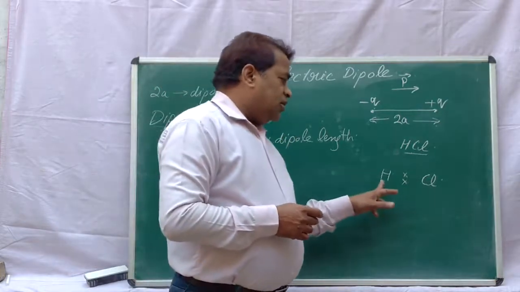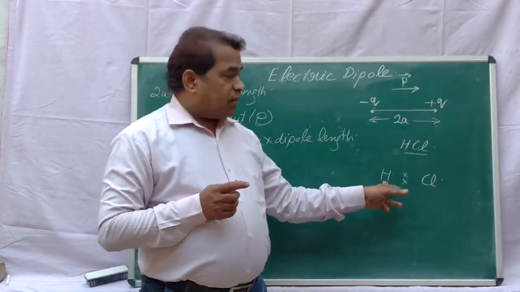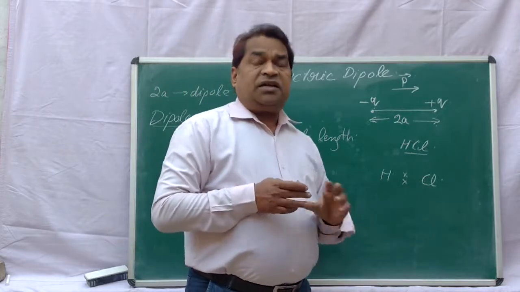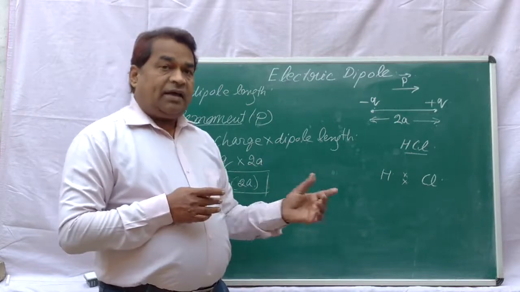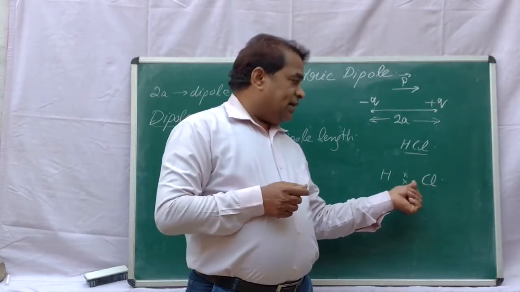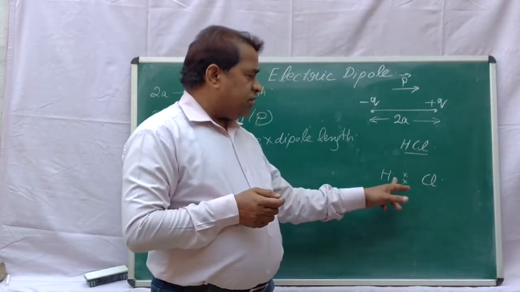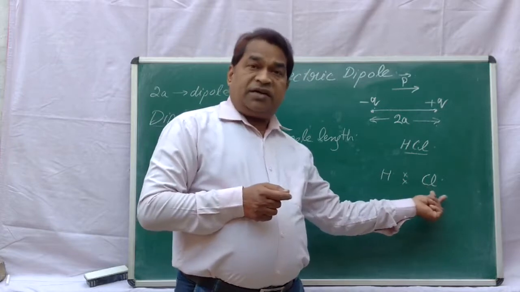Now, because hydrogen is an electropositive element and chlorine is an electronegative element, it has a larger affinity for electrons. So the shared pair of electrons is shifted towards the chlorine atom.